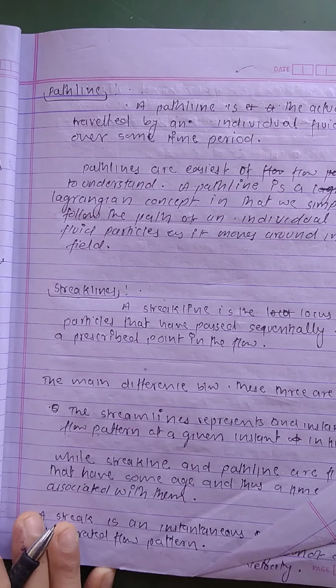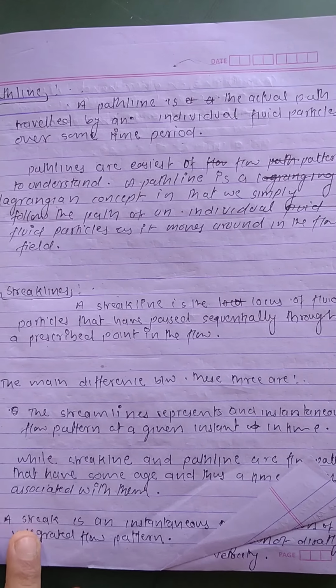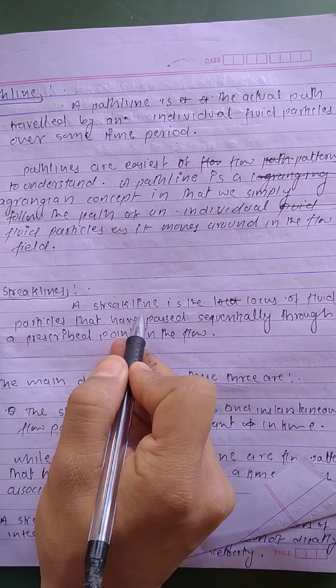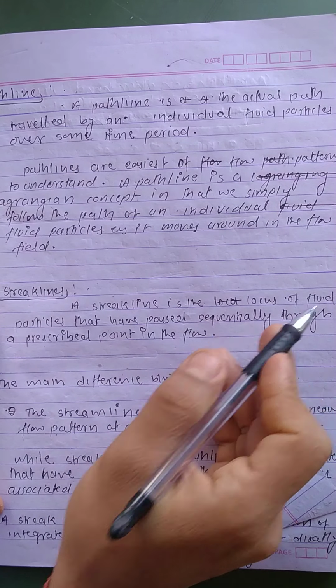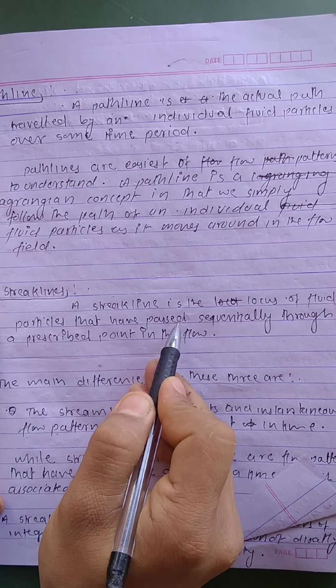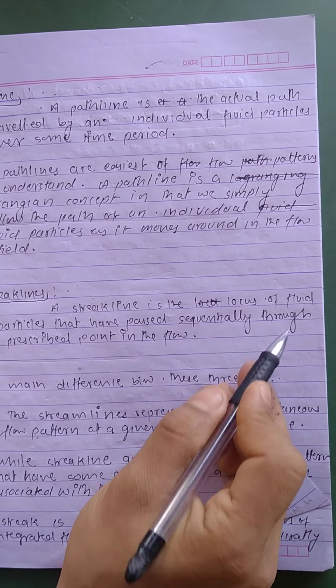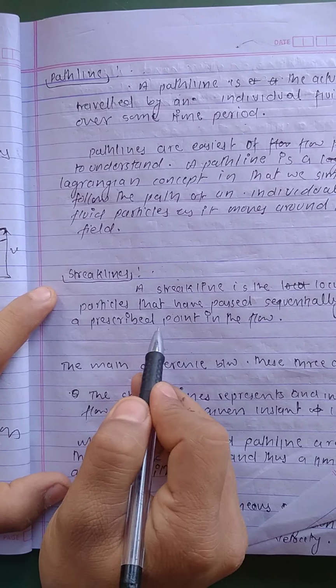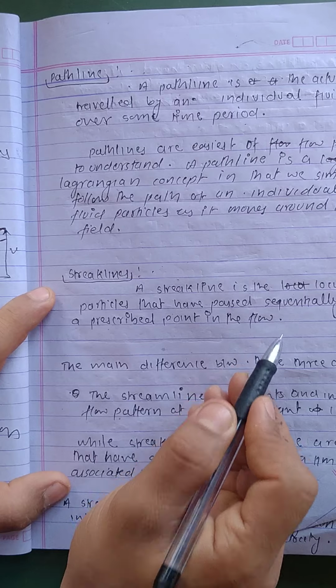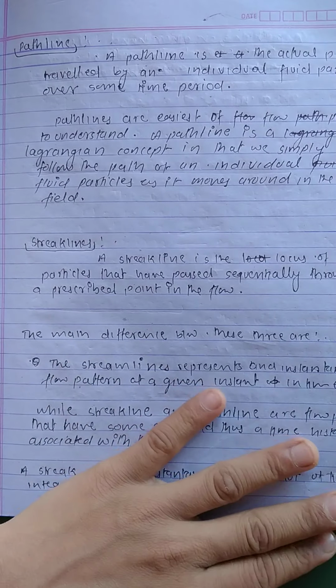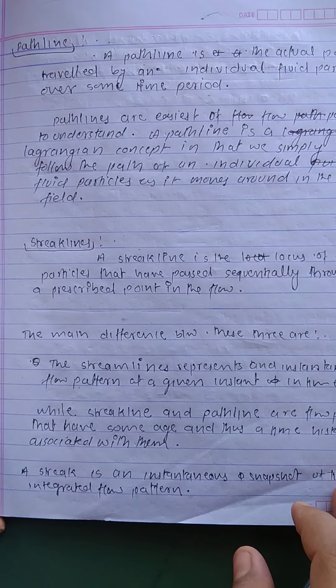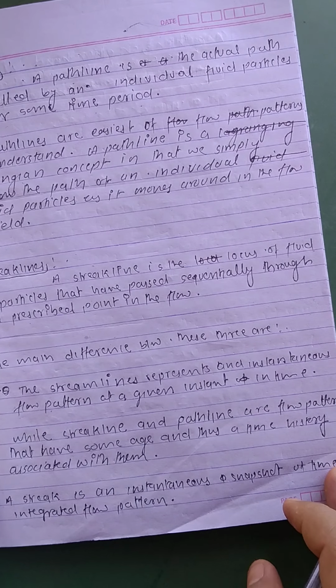So now come to what is streak line. A streak line is the locus of the fluid particles that have passed sequentially through a prescribed point in the flow.